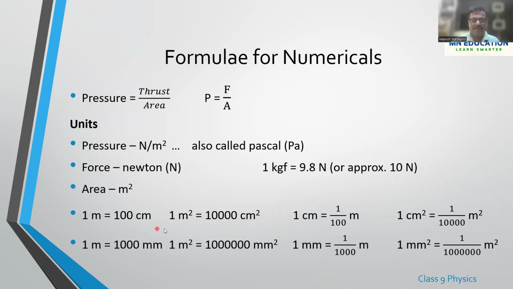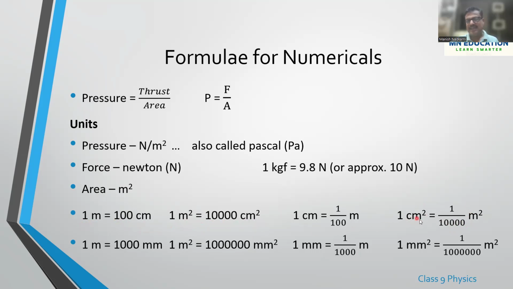For area, if the area is given in meter square, there's no problem. You don't need to convert anything at all. But if the area is given in centimeter square, then remember, to convert it to meter square, you have to divide by 10,000. Why is it 10,000? The reason is 1 meter is equal to 100 centimeters. So when I square both sides, the area of 1 meter square becomes 10,000 centimeters square.